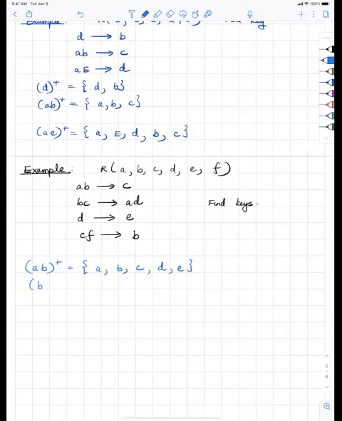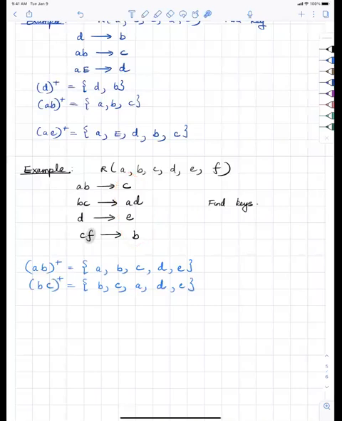If you get BC plus, you get B, C, A, D, E. I just want to give you a simple trick: whichever key you find must have an F in there, because F does not appear on the right-hand side anywhere.